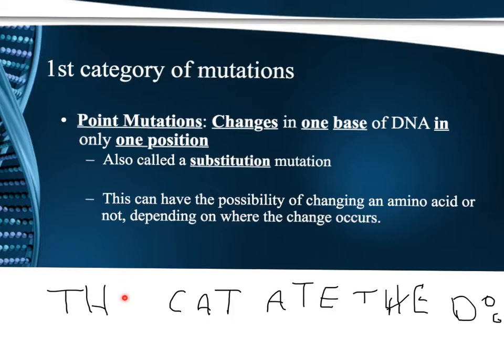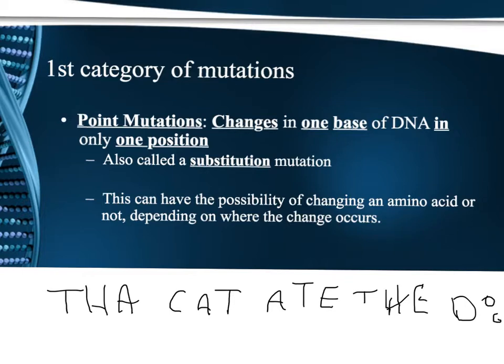Where this E used to be, let's say we put an A. Now, if you saw this, you'd say, well, geez, that's kind of a messed up sentence, but I still get the meaning of it. I think this is supposed to be an E, but it looks like an A, so I think they misspelled the word the, but I can still get the cat ate the dog. It still makes sense. And that's a lot of times what your DNA does. You might have one base that changes, but your DNA still isn't really harmed that much. It still does the same thing it's supposed to do because all the rest of the letters are in the right spot. Hopefully that makes sense.